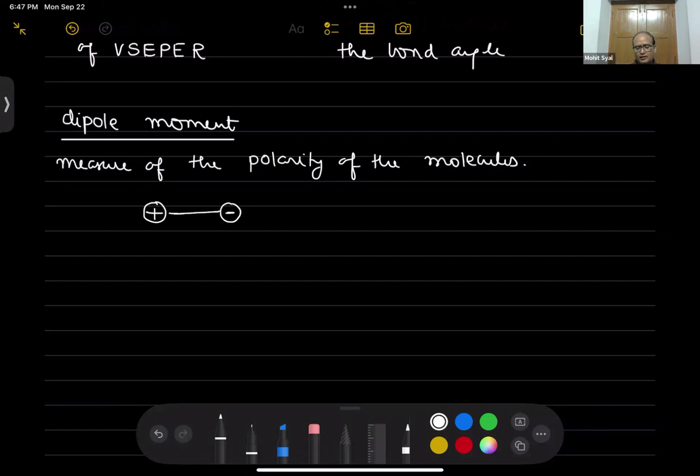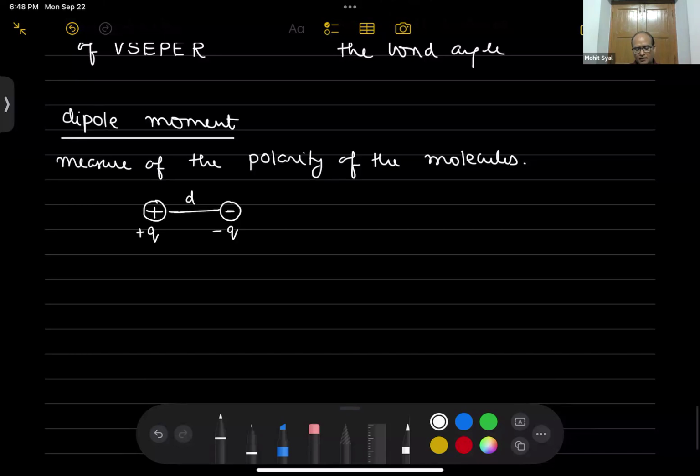And this is charge Q and minus Q, and the distance is D. The overall polarity is measured not only by the charge, it is measured by multiplying the charge with the distance between them. And it is represented by mu. Mu is the symbol for the dipole moment.